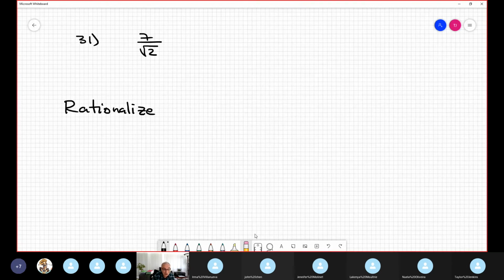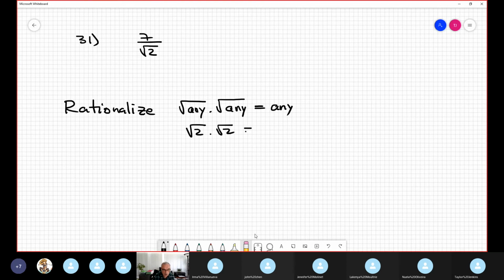Okay, but what should I do? Well, you take advantage of this fact. Suppose square root of any number times square root of the same number is equal to that number without root. In other words, radical 2 times radical 2 is 2. Yes or no? Well, actually, you say, no, professor, it's not 2, it's radical 4, because 2 times 2 is 4. But radical 4 is 2. Radical 3 times radical 3 is 3.